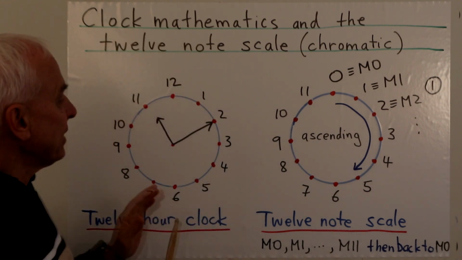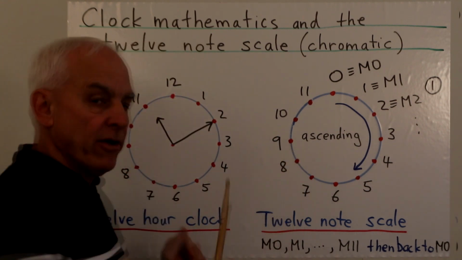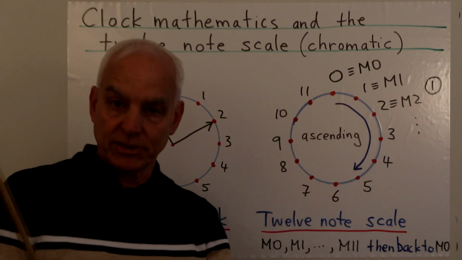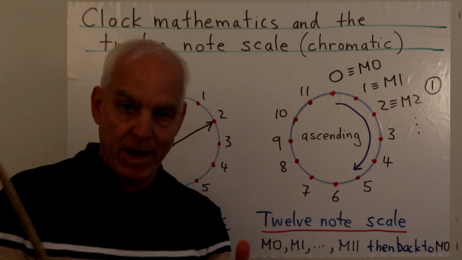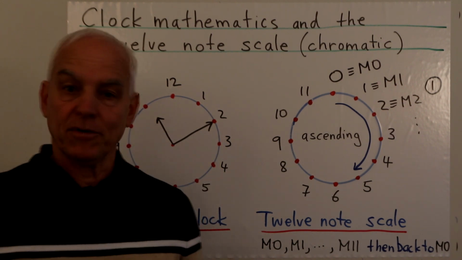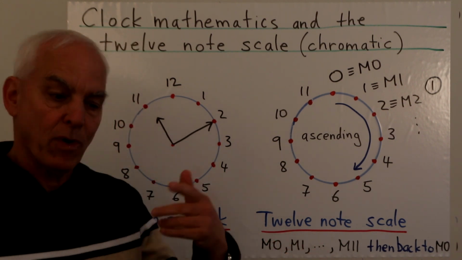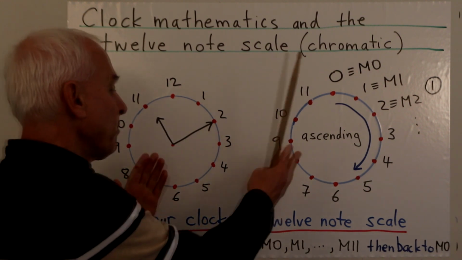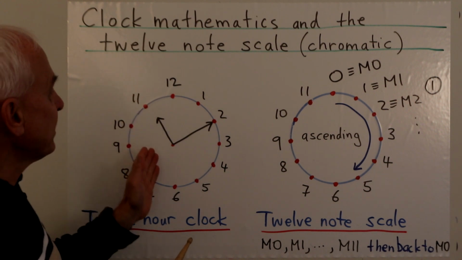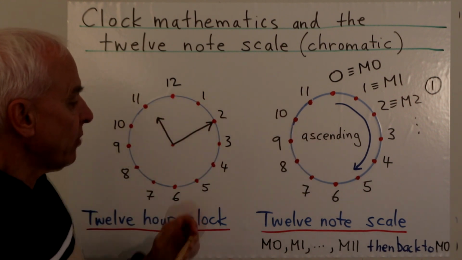So this leads us to a correspondence between the arithmetic of the musical scale, represented by the chromatic scale, and the familiar arithmetic of a clock, this 12-fold pattern. There's a beautiful parallel here. We're going to call this clock mathematics and the 12-note scale, the chromatic 12-note scale.